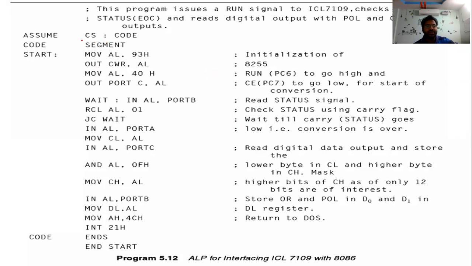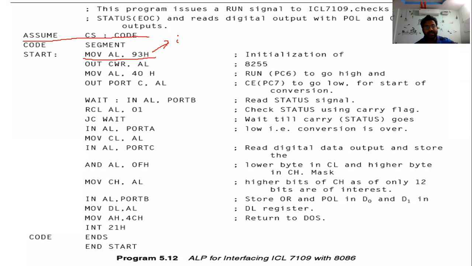See this. In the program you must declare the code segment signal, because the codes of these mnemonics are available in the code segment. Then you start with MOV AL, 93H. You know why you are giving 93H.